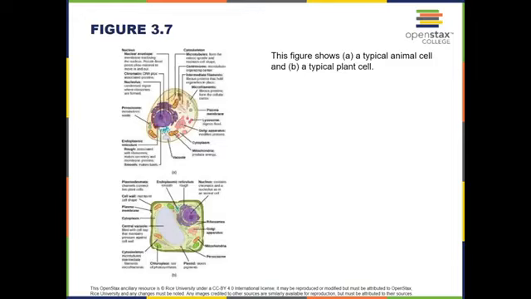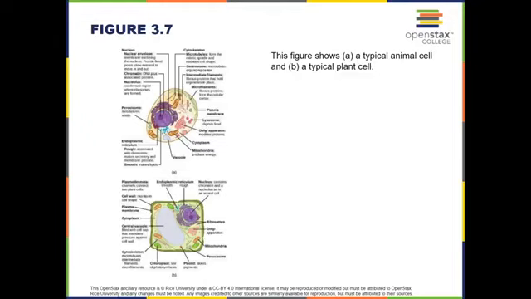Here's just another image of a typical animal and typical plant cell. So again, a really good slide to come back and look at or study. Very common organelles to both types of cells are things like the nucleus, the rough and smooth endoplasmic reticulum, mitochondria, and different parts of the cytoskeleton like microtubules or intermediate filaments.